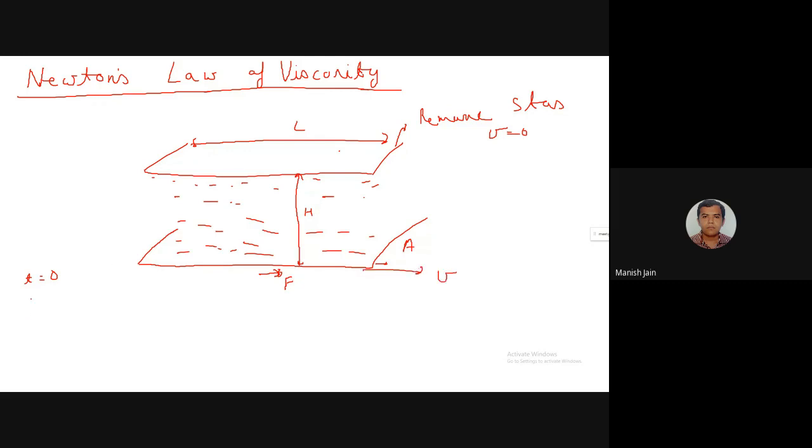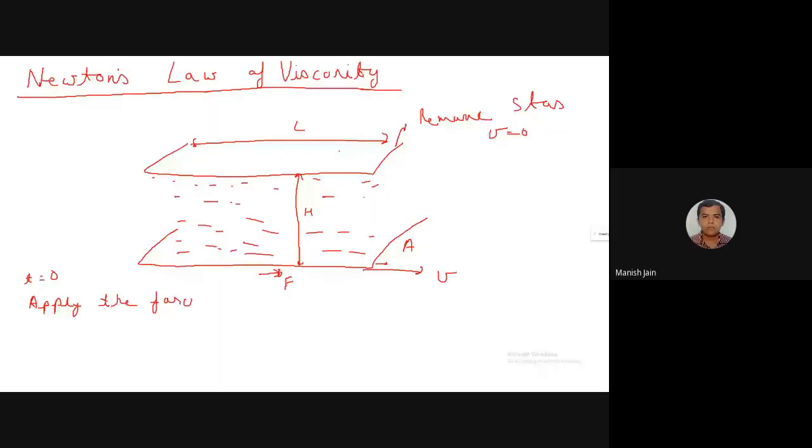So when you apply the force F on the bottom plate, it will move after some time with a constant velocity v.